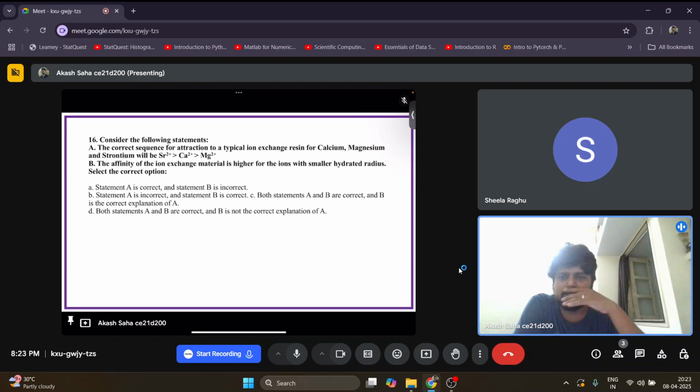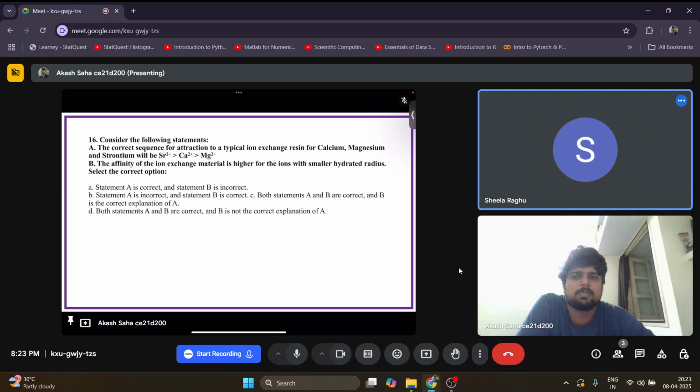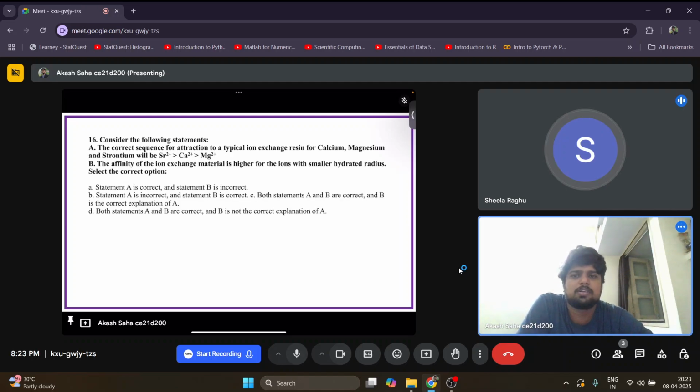So that's what is given. And then the next statement says that affinity will be higher for ions of smaller hydrated radius, as the explanation of it. So are both statements correct or incorrect? First you should know whether strontium has a higher or lower hydrated radius.